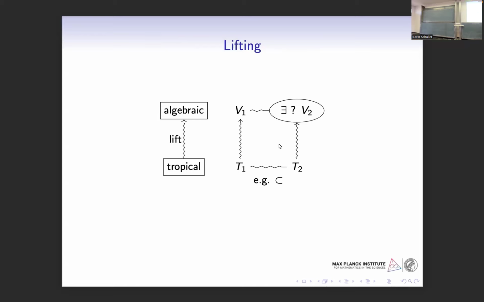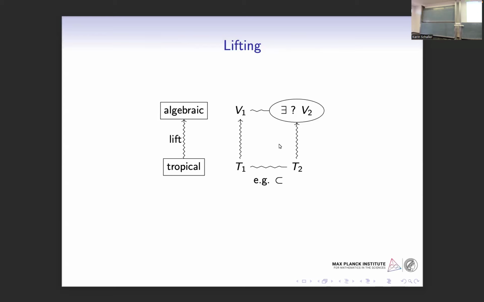So classical examples would be: I have a tropical cubic surface. I lift it to an algebraic cubic surface. I have a tropical line that lives on my tropical cubic surface. I have my algebraic surface up here that contains 27 lines, and the question is, is one of them the lift of the tropical one?